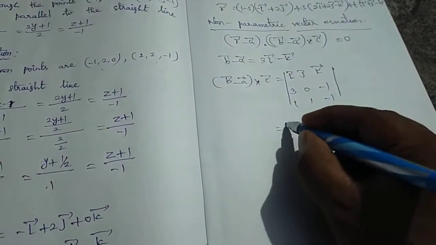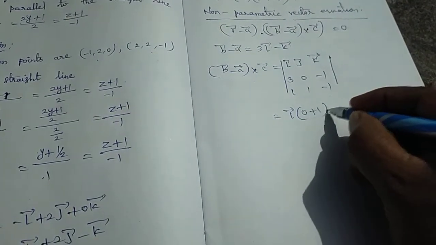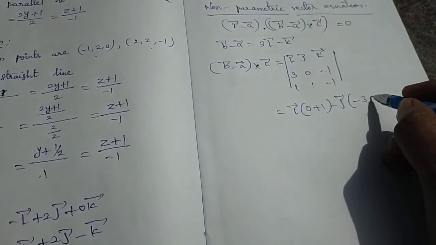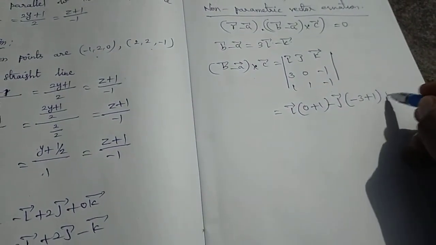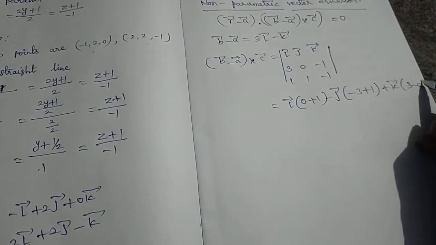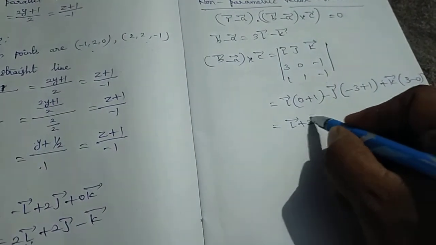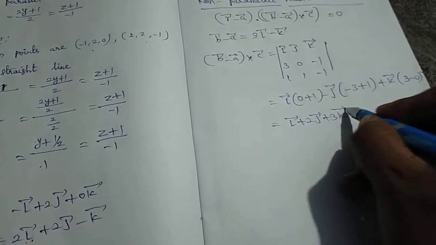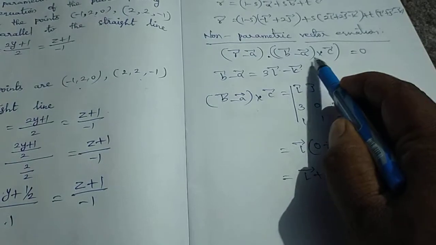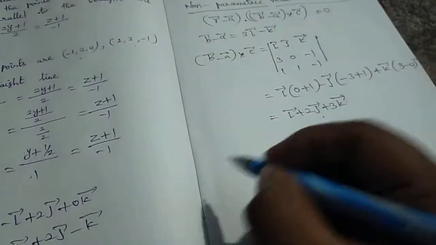So just expand: i vector into (0 plus 1), minus j vector into (minus 3 plus 1), plus k vector into (3 minus 0). So totally i vector plus 2j vector plus 3k vector. So this is our formula; the bracket value we calculated, so just substitute here.